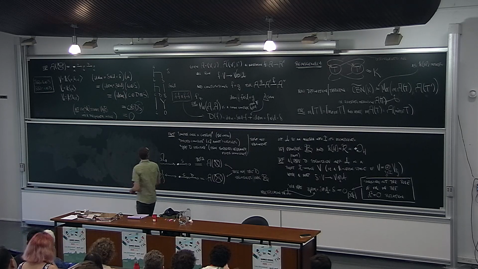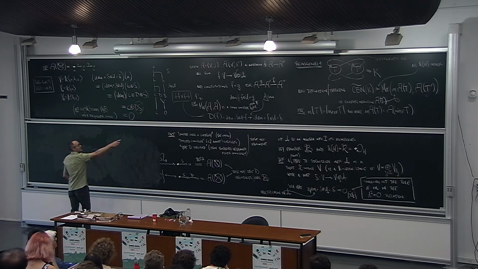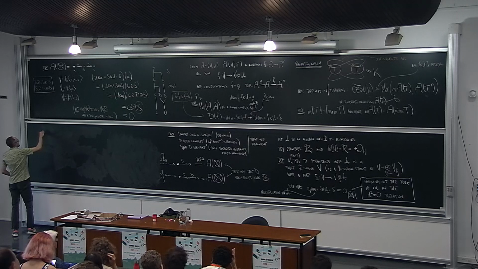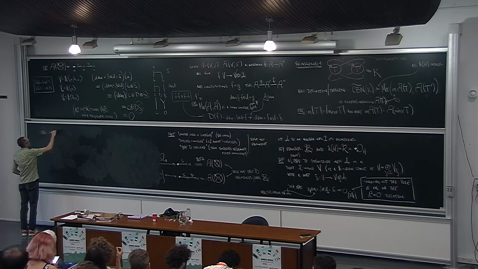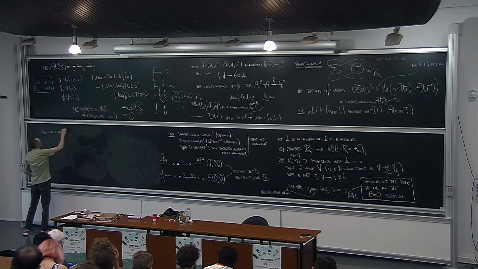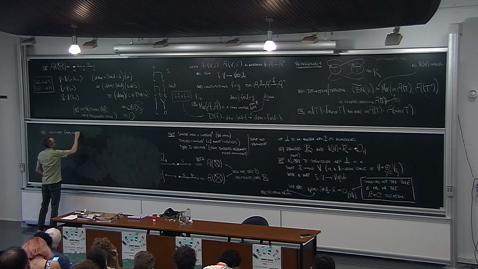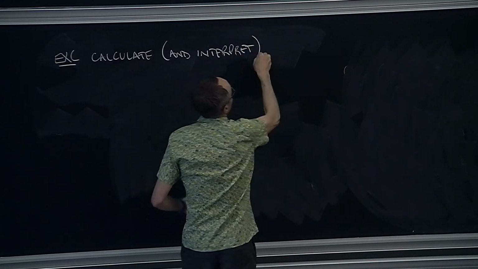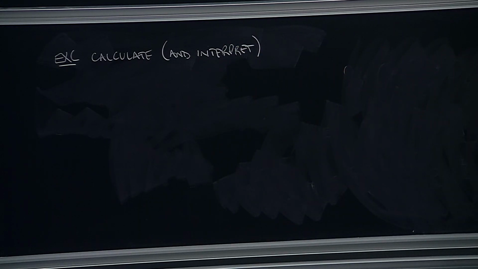A good exercise, better than that. That exercise is not enlightening. It's sort of part of it. But you might calculate and interpret, and by interpret, I mean by following what I said here about tangles.